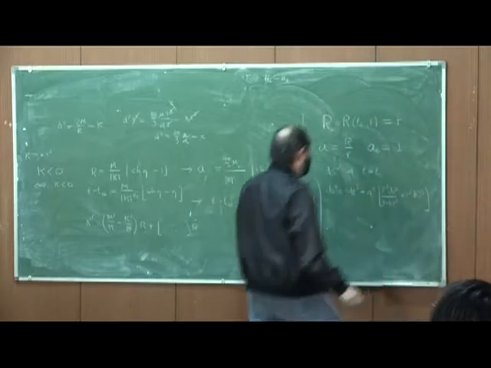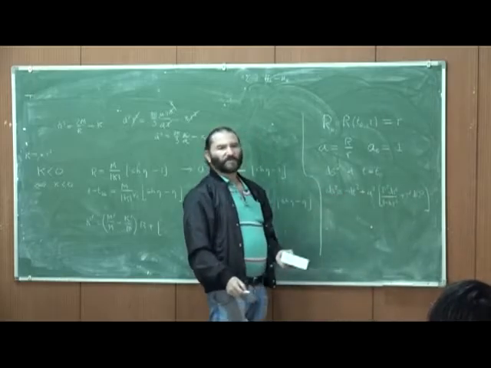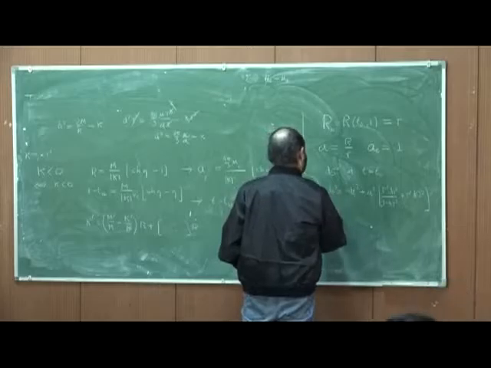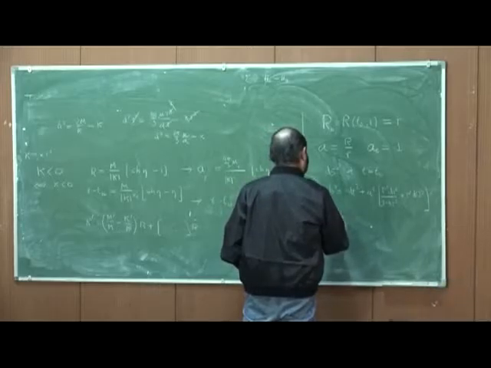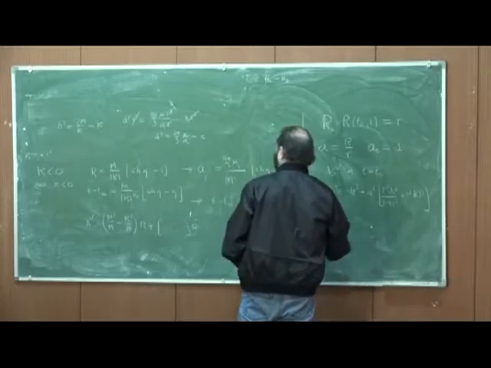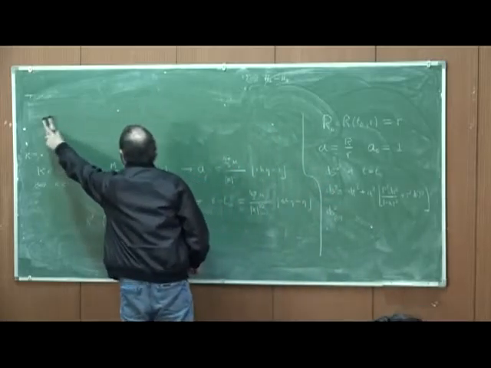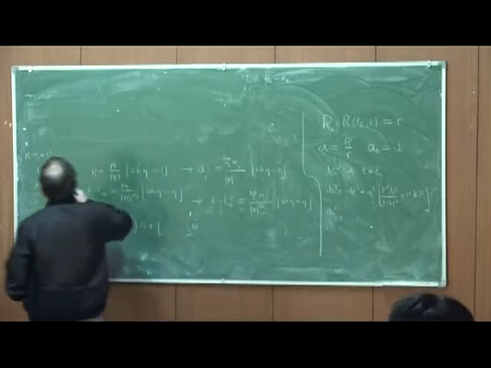This is the metric. So at t0, dt is 0, right? So let's call this metric 0. This metric, let me write it here.